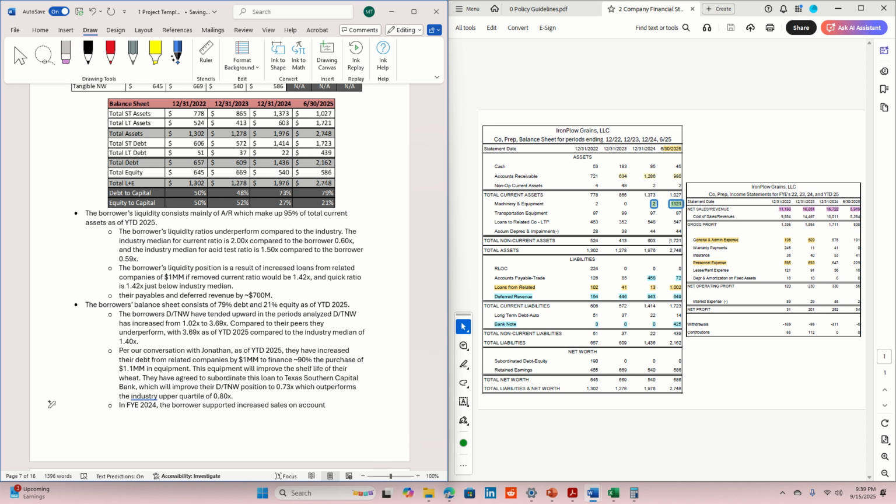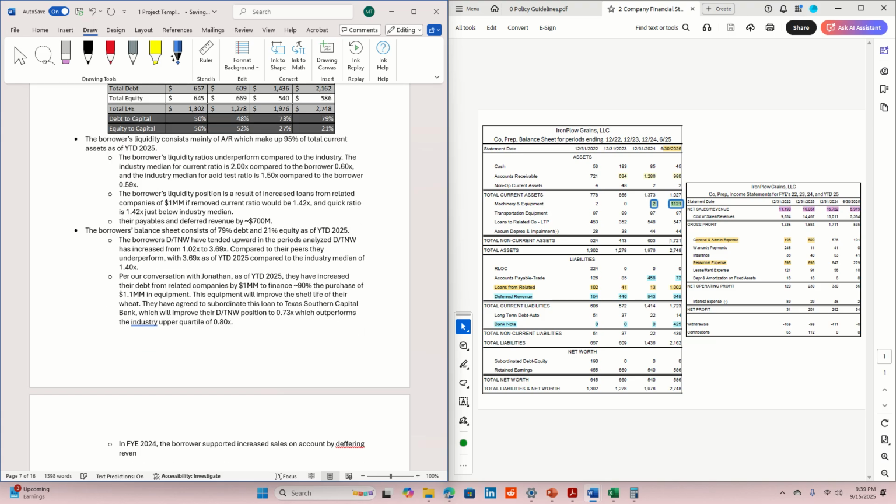So anyways, the borrower supported increased sales on account by deferring revenues, and by deferring revenues, I mean by not fulfilling their side of the contract with their customers. What that means is they didn't pay their employees to fulfill their side of their obligations, which in turn keeps cash on hand.